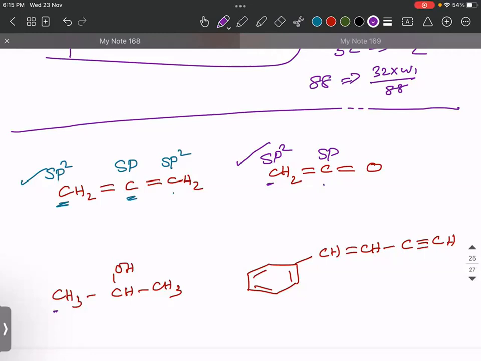What is the hybridization of this carbon? sp.